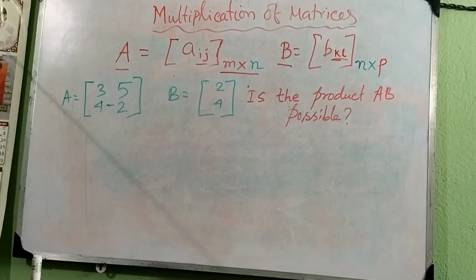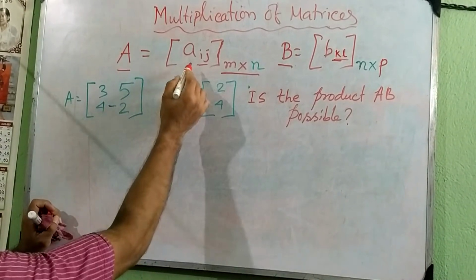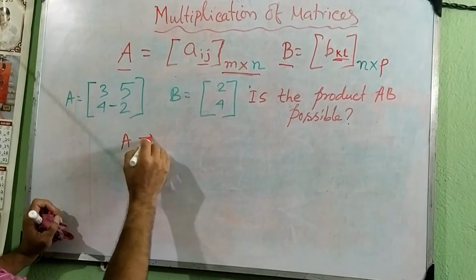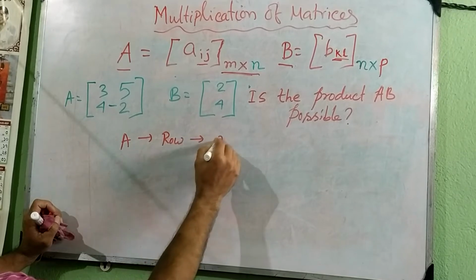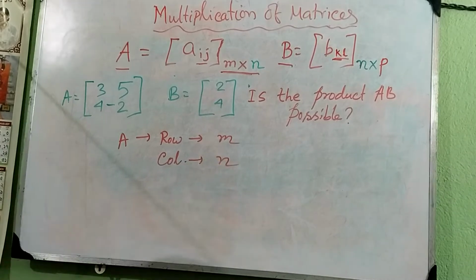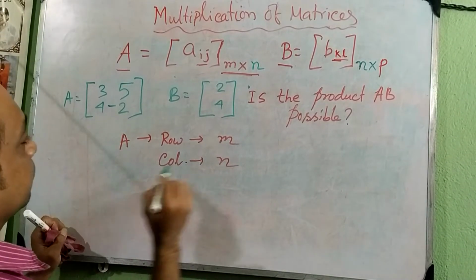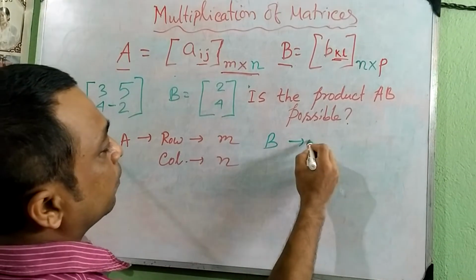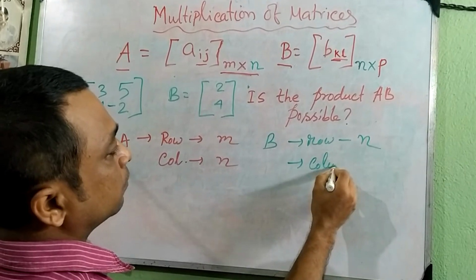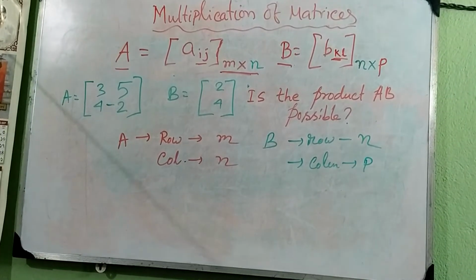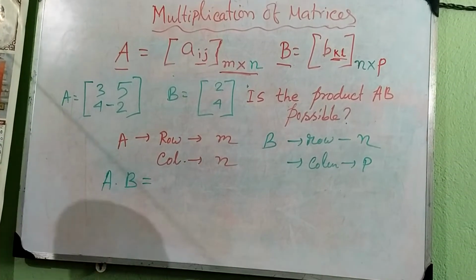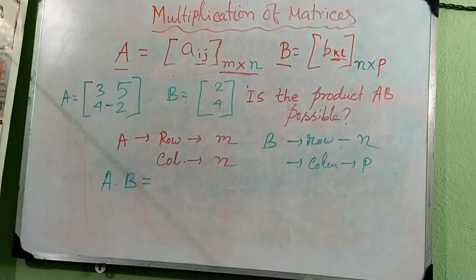So A has order m cross n, meaning A has m rows and n columns, and B has n rows and p columns.